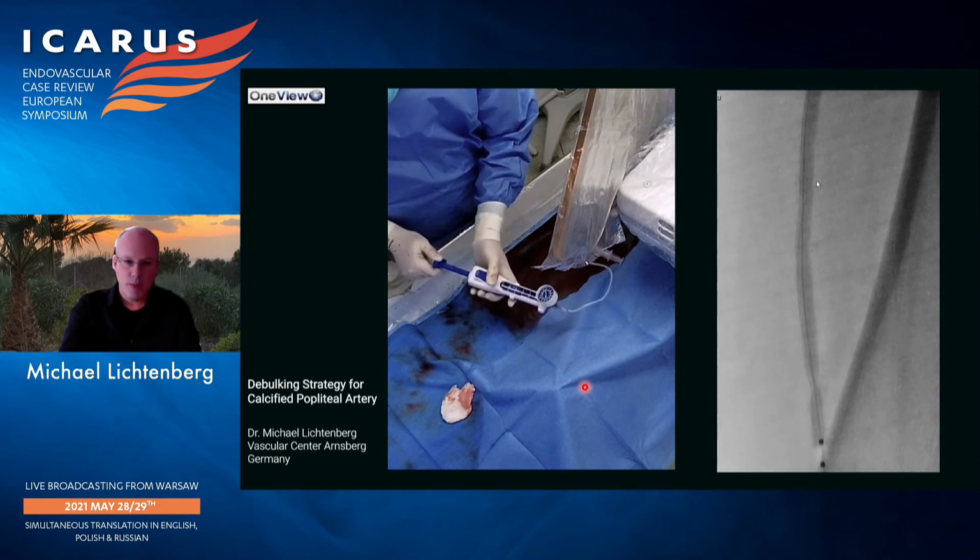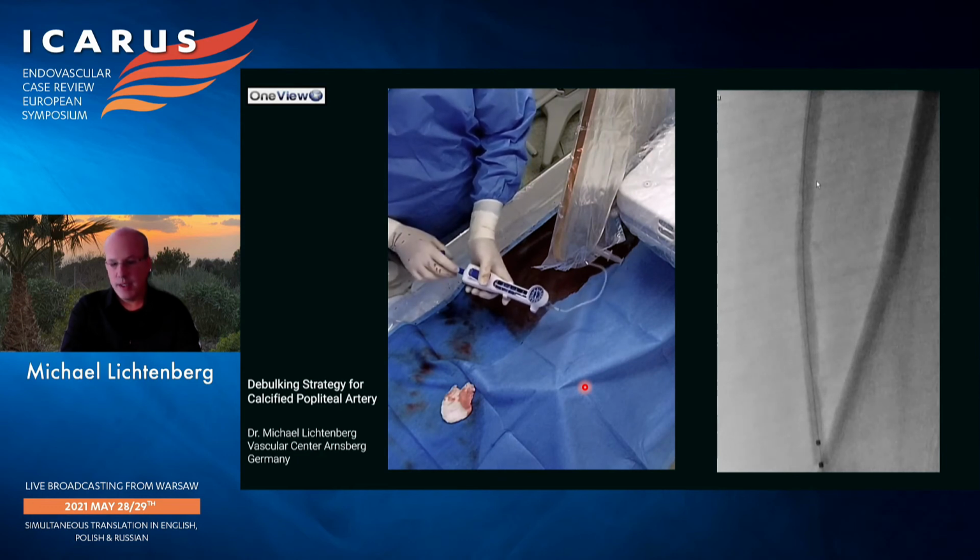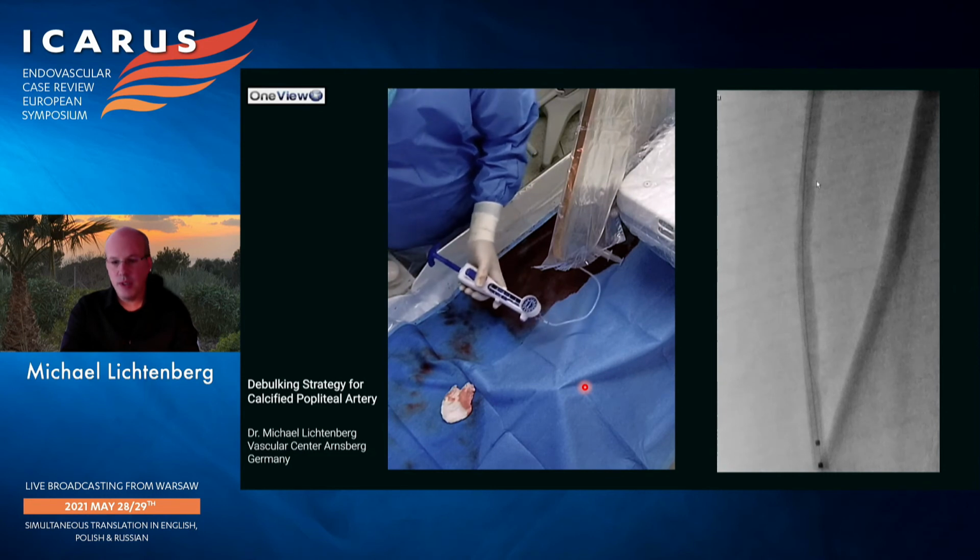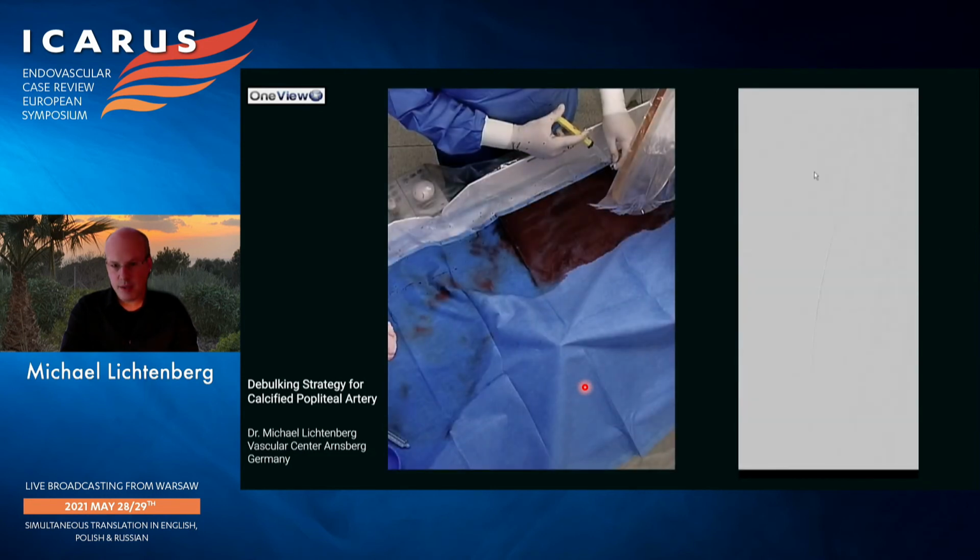And you could see now on the manometer that I needed to inflate this balloon much higher than I had to inflate the DCB after atherectomy. Here, I needed at least 10 atmospheres to fully open that balloon, meaning to crack the calcium.